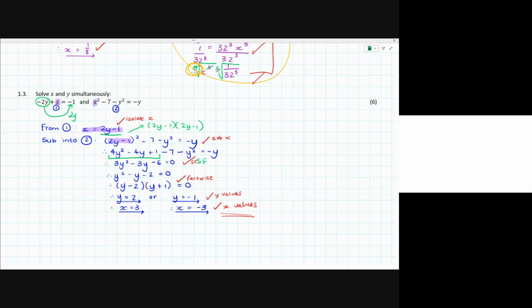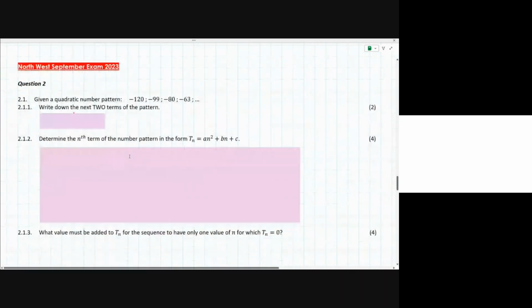But as you can see, we've done 22 of the approximately 25 marks of algebra. That is the bulk of algebra. Your problem-solving question is generally 3 to 5 marks at most. Alrighty, so I'm going to jump to the sequences and series.